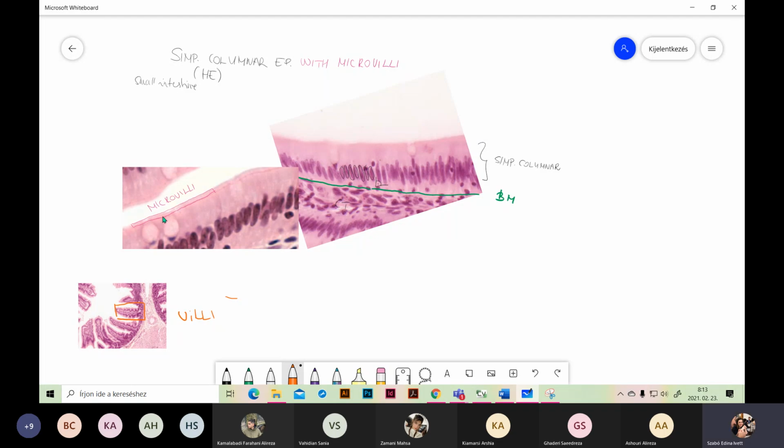How do you know it's microvilli, not kinocilia, not stereocilia? Microvilli look under the light microscope like a shiny, homogeneous line with a light pale eosinophilic color. That's why we know it's microvilli on the surface of columnar cells.